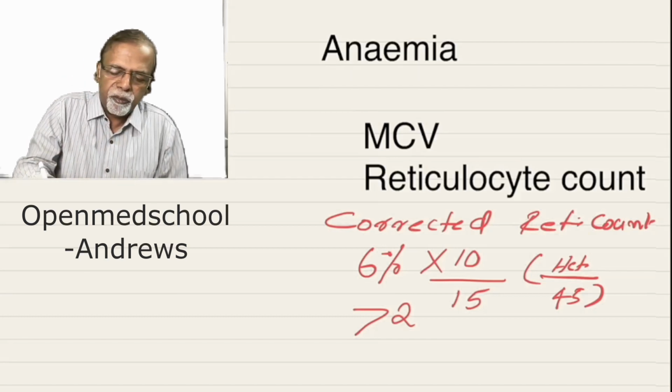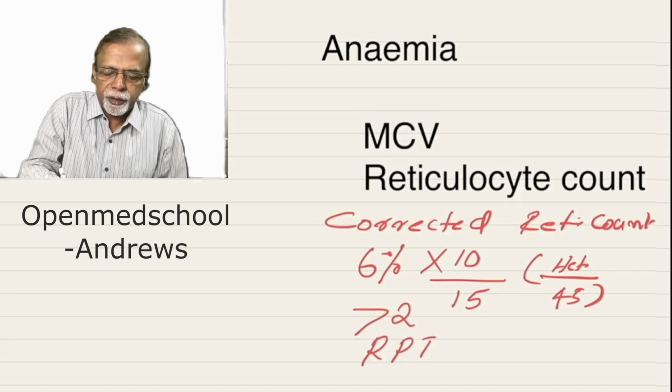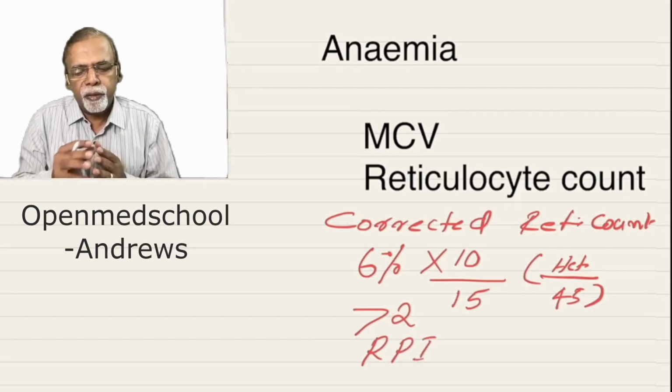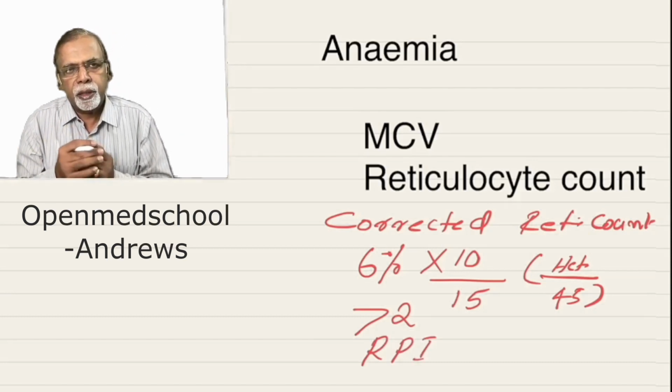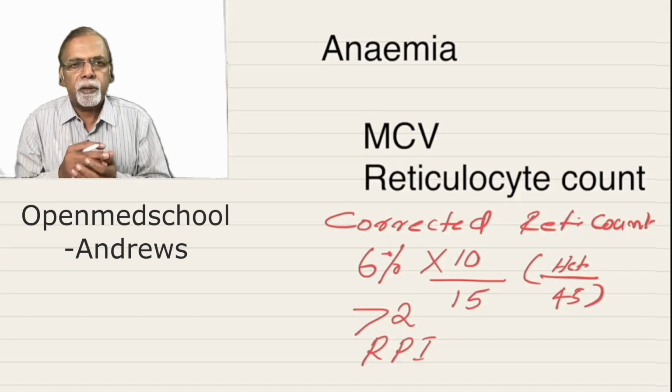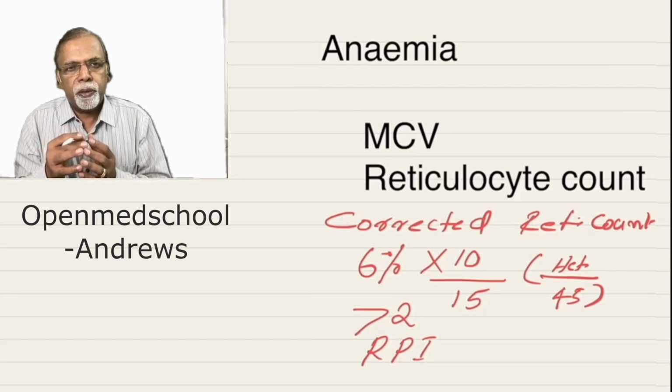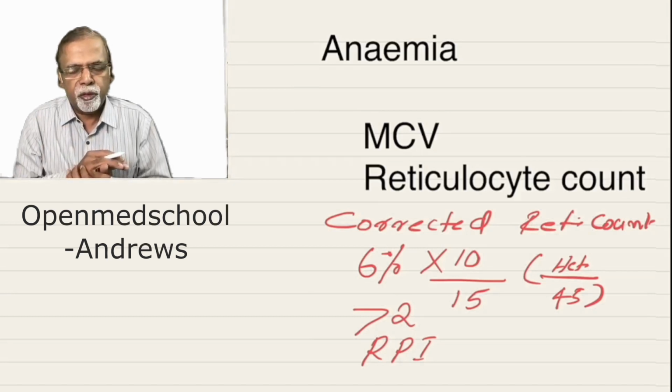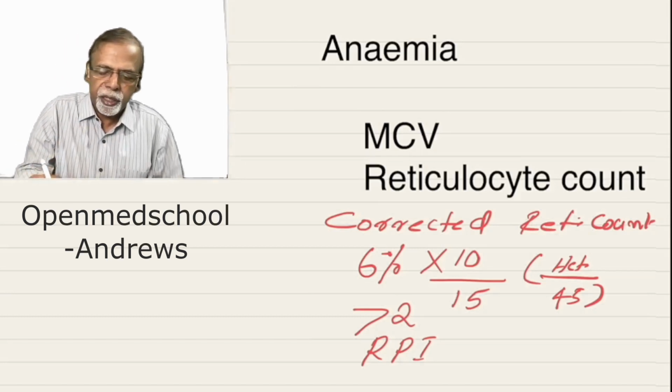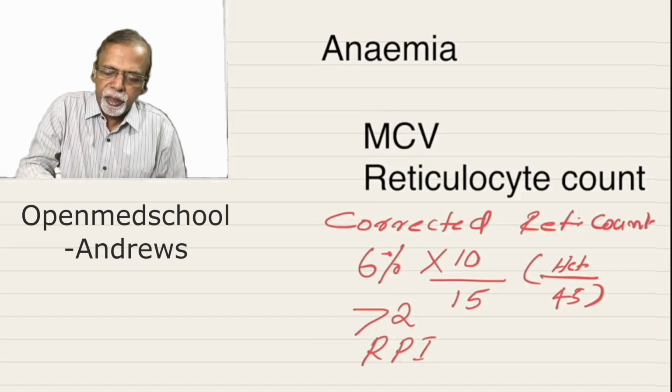Another method is finding out the reticulocyte production index. Here we are giving some allowance for the early release of the reticulocytes from the bone marrow into the peripheral blood. So you divide the corrected reticulocyte count by a maturation factor.